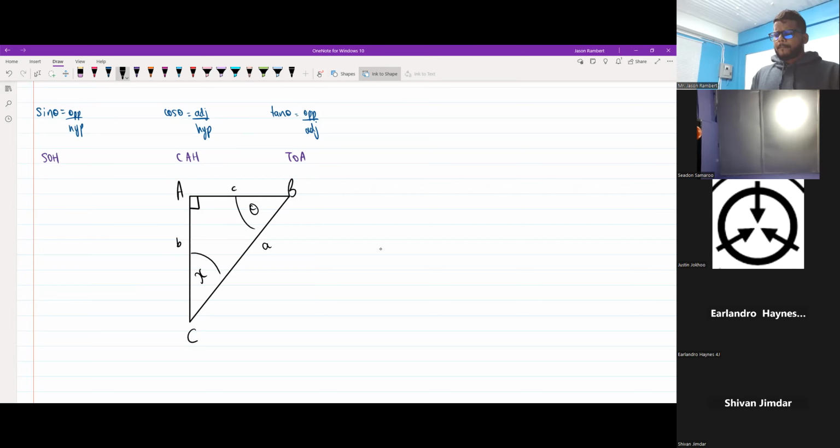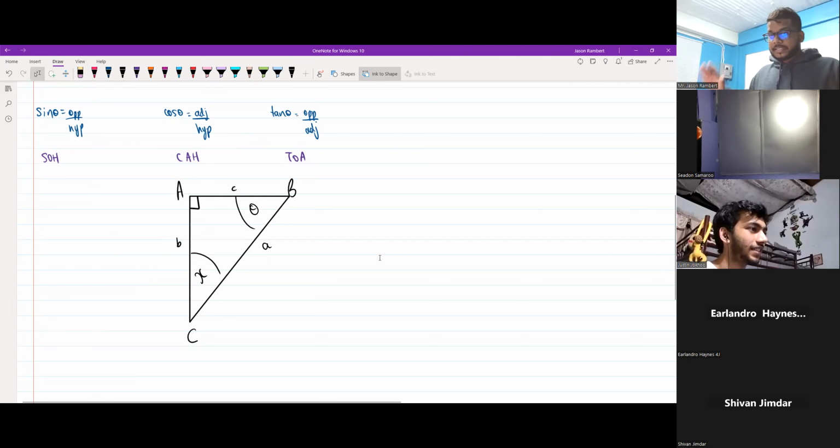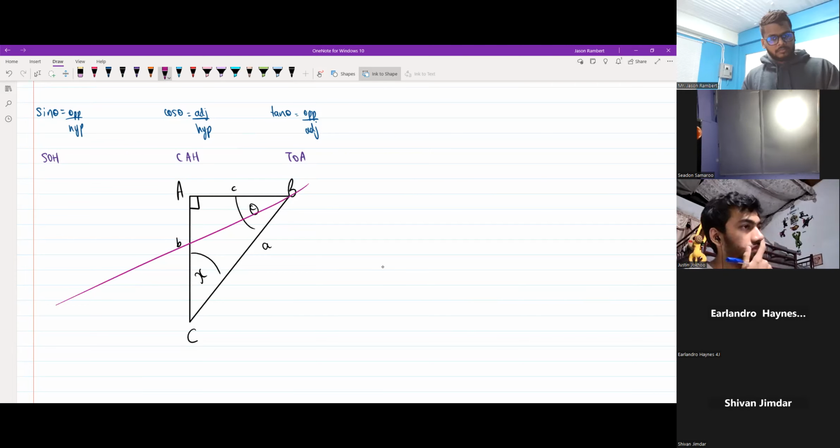Now, based on some definitions, I'll just tell you how to do it. If I am using theta in a calculation, this is theta. Agreed? Opposite means opposite the angle.